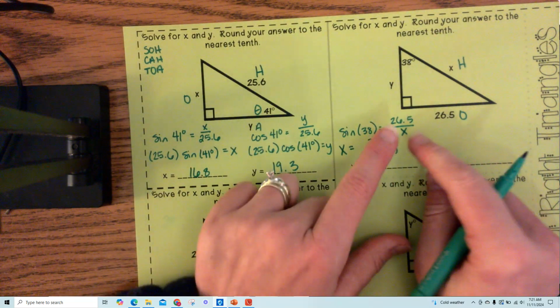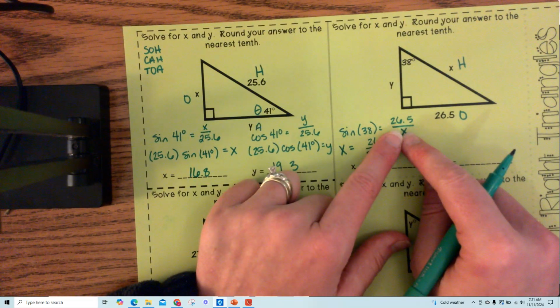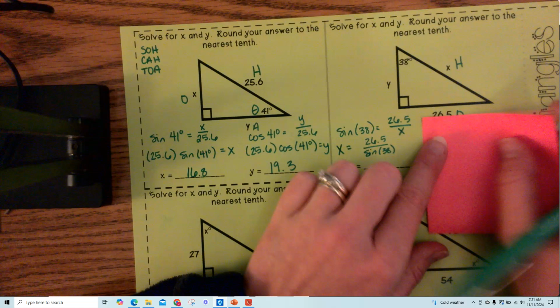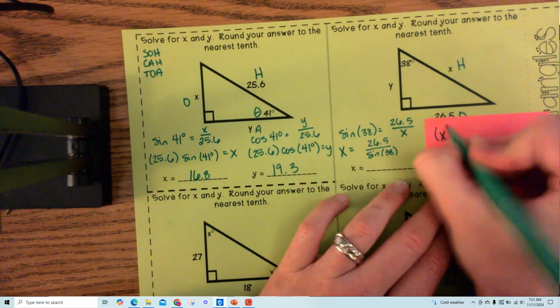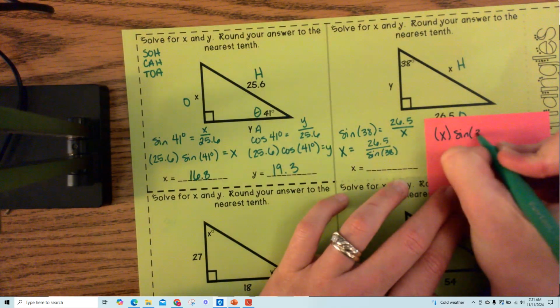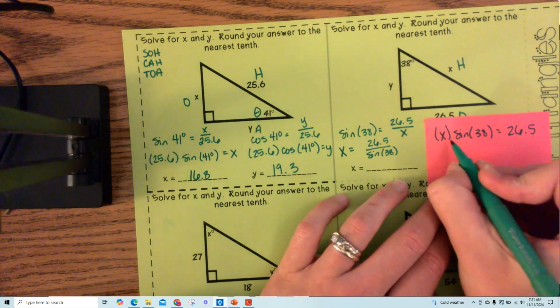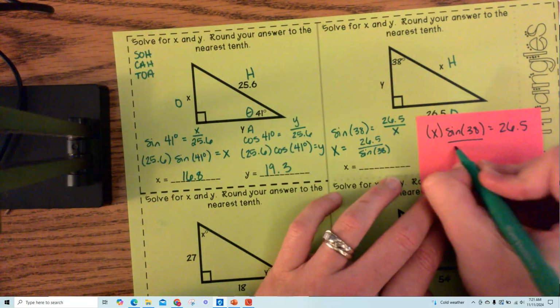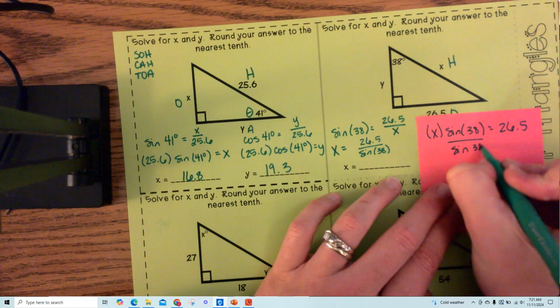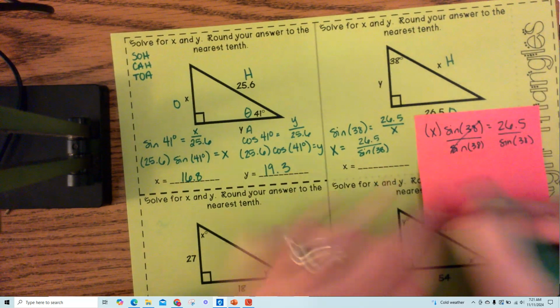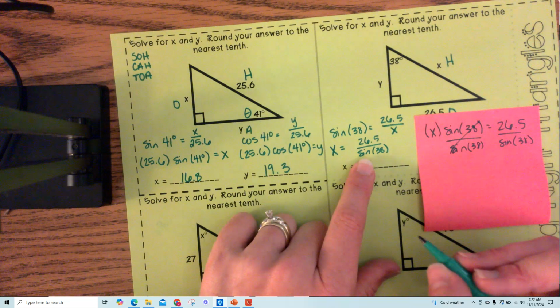The long explanation of what happens: I would multiply both sides by x, okay? So I would have x times sine of 38 equals 26.5, but I need the x by itself, so I would divide both sides by the sine of 38, and that's how I'm left with this.